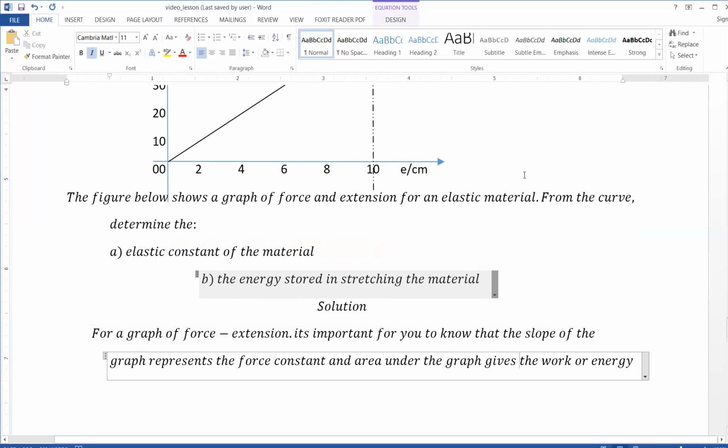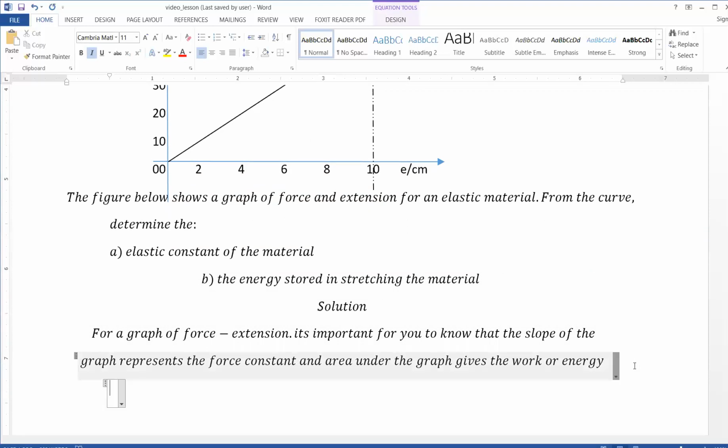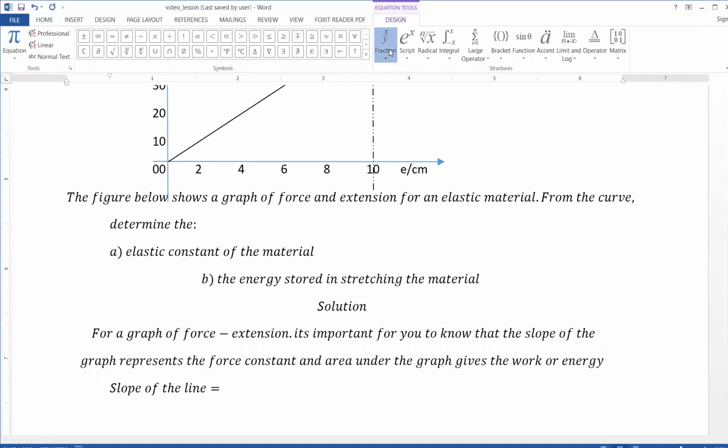Since this graph has been given to us, to get the force constant, we simply get the slope of the line. From our knowledge of mathematics, we know that the slope of the line is the change along the vertical over the change along the horizontal.